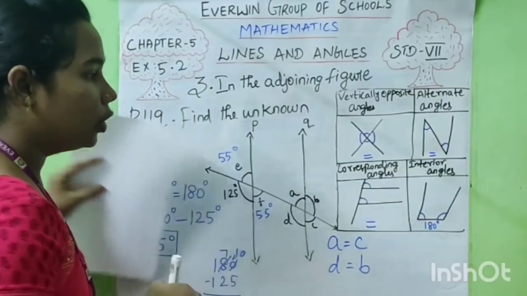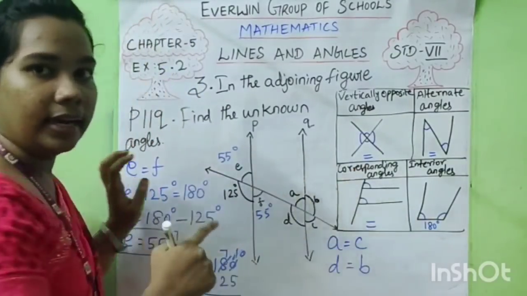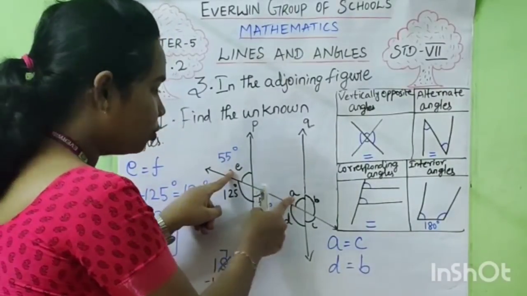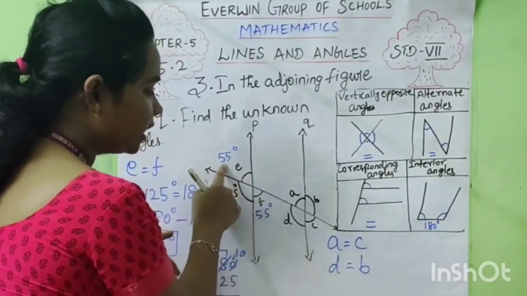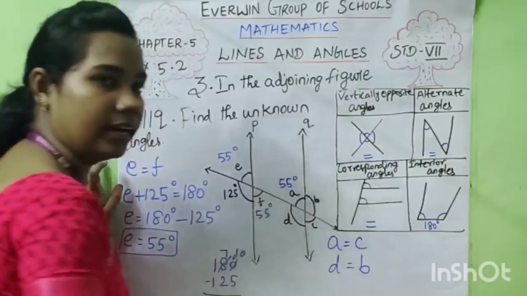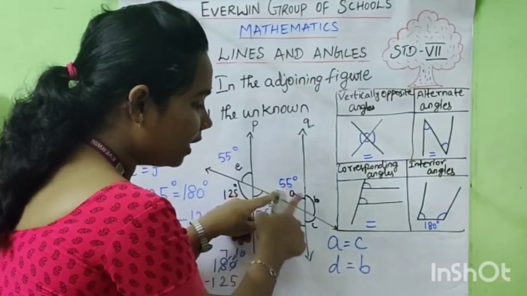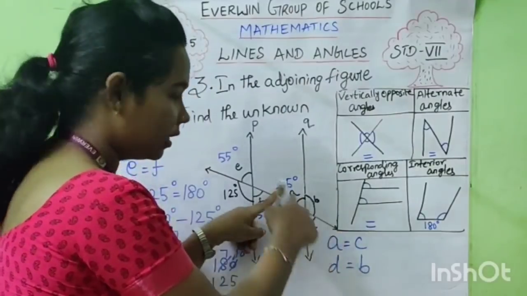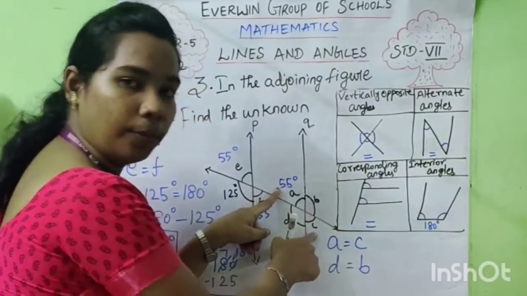Now we are going to use corresponding angles. E is corresponding to A. So E is 55 degrees means A is also 55 degrees. If A is 55 degrees, then C also will become 55 degrees, because A equals C by vertically opposite angles.